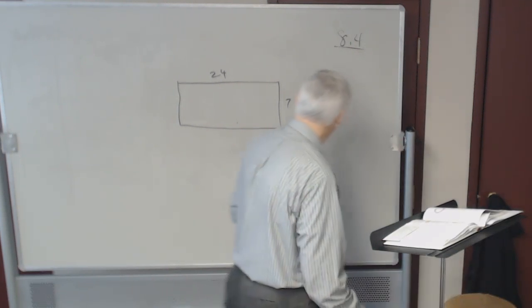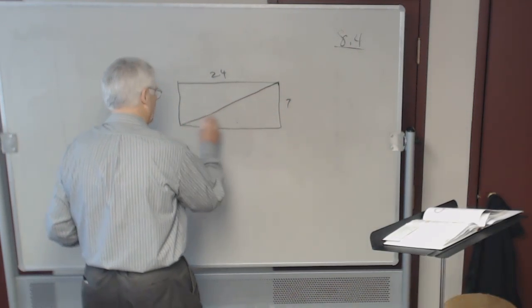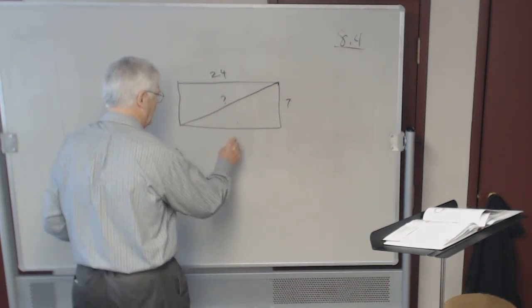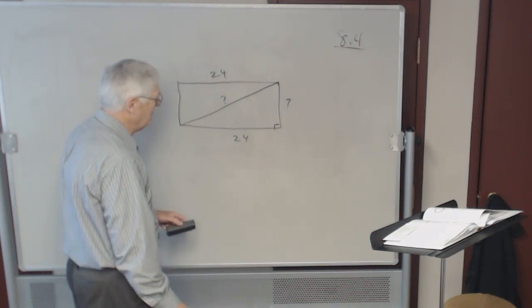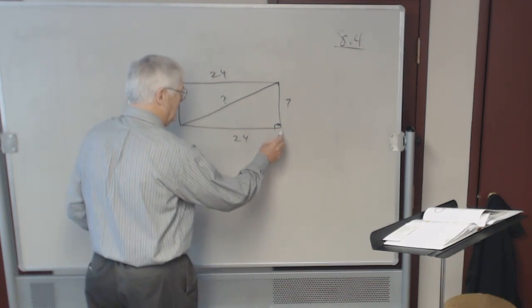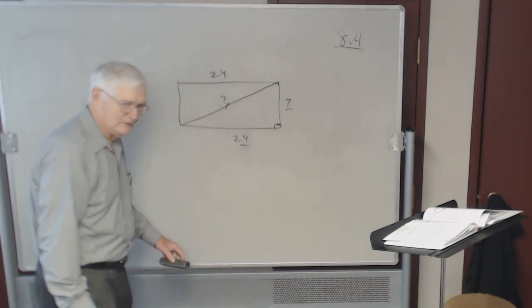How long is this diagonal? That's what we want to know. You see what we have here? We have a right triangle. We know 7 and 24, and we want to find the hypotenuse.